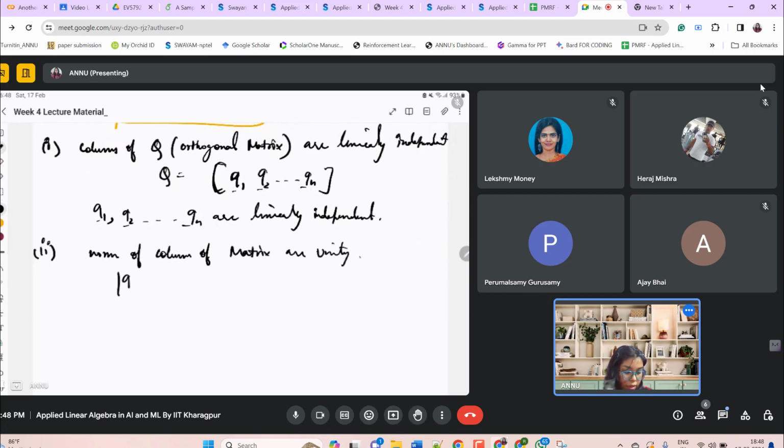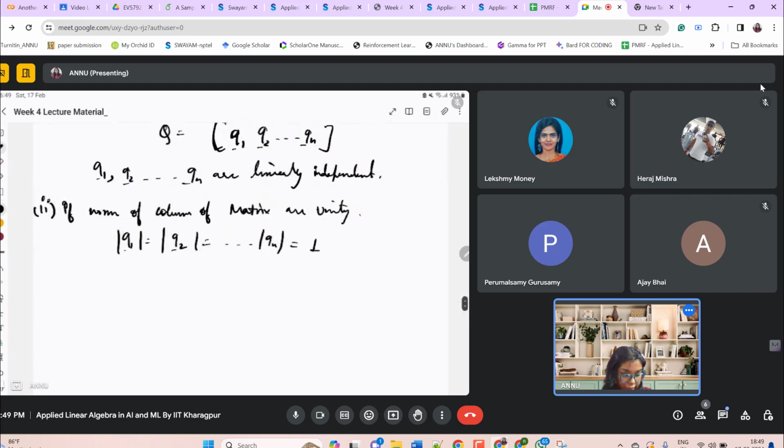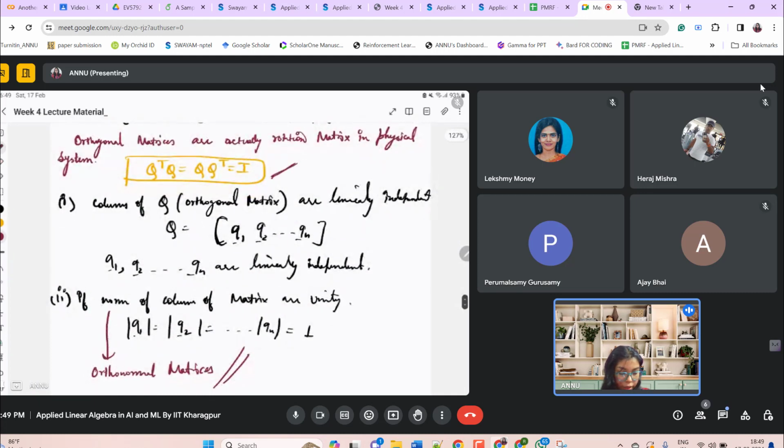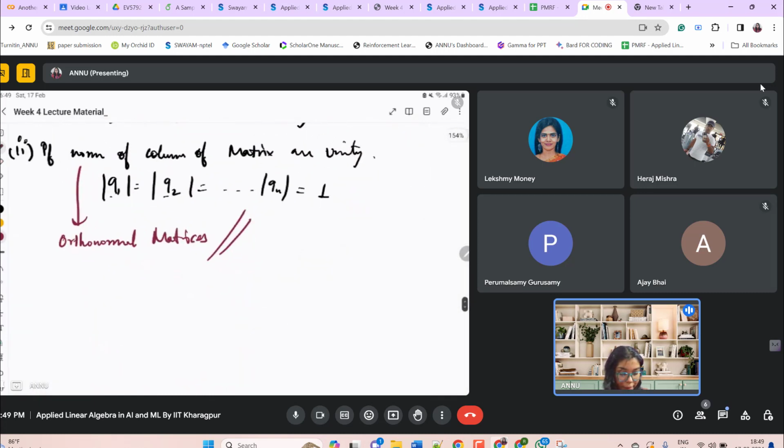Means if this holds, then it is called orthonormal matrices. Now, these are 2 important properties with this thing, okay? Main property I'm coming into.